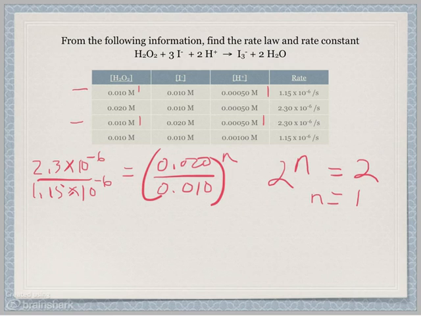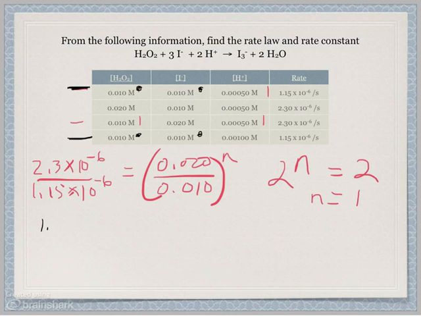Now for the last case, we want to make sure that the H plus is the only thing that changes. The ones that we can look at in this case are, let's say, the first trial and the 4th trial. Because in this case, H2O2 and H2O2 stay the same, I minus and I minus stay the same, and it's only going to be the H plus that changes. So let's put this in.